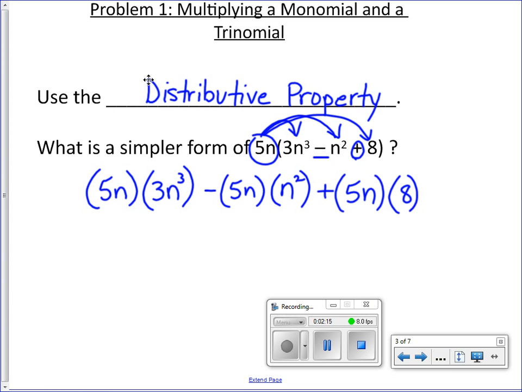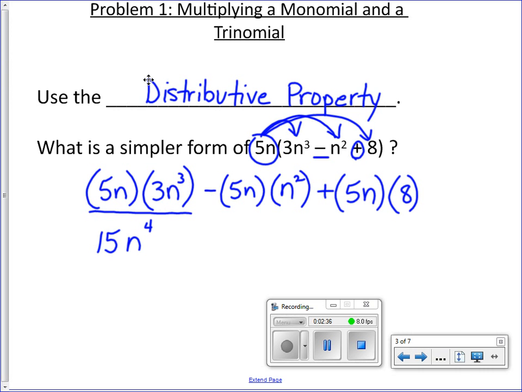This kind of brings us back to Chapter 7, where we were multiplying powers together. In our first expression, 5n times 3n cubed, we take the 5 times the 3, which gives us 15, and n times n cubed is n to the 4th.